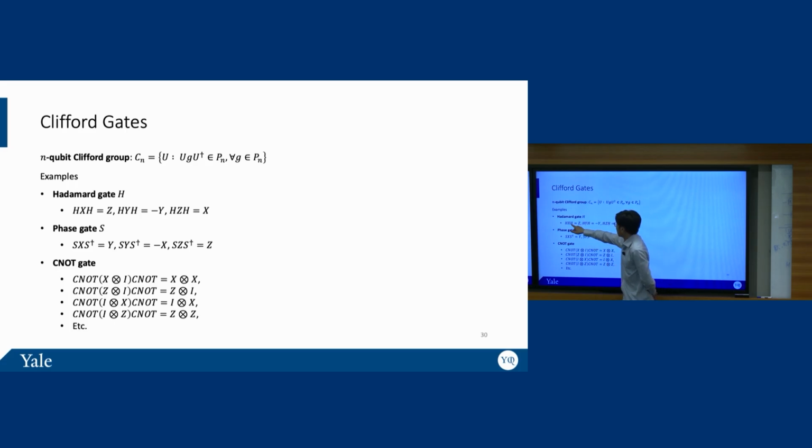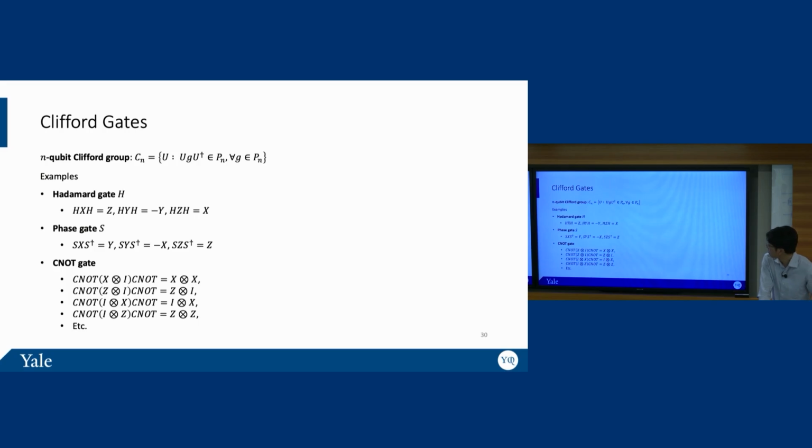So they map a Pauli operation to another Pauli operation. So performing these operations and updating the stabilizers, changing the stabilizers back into Paulis, are nice properties of these gates.